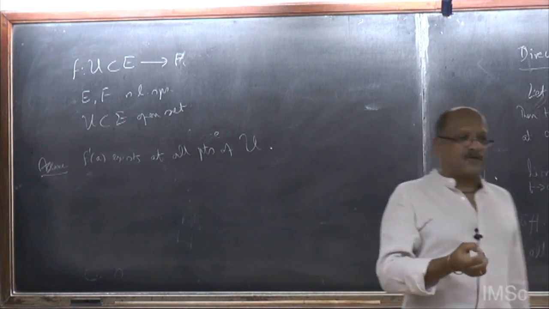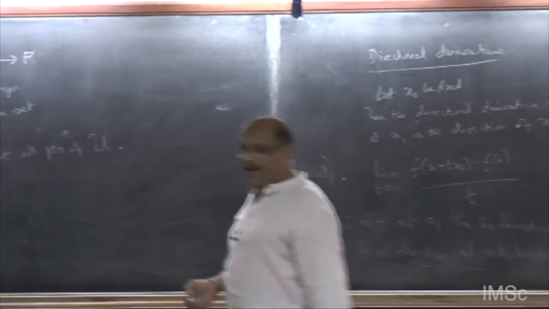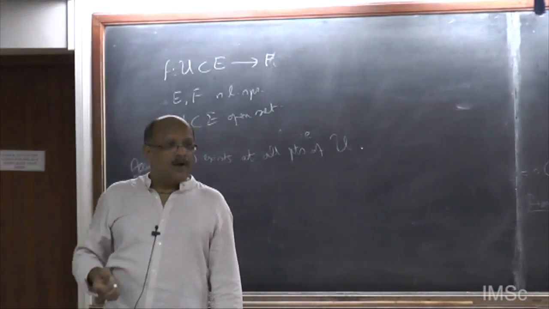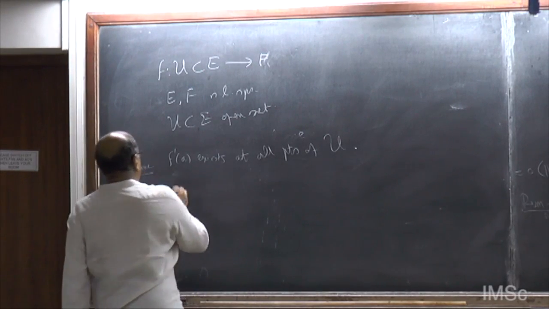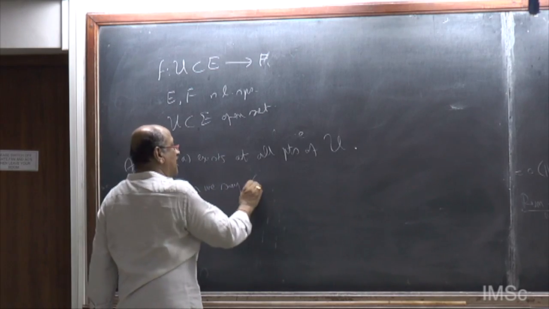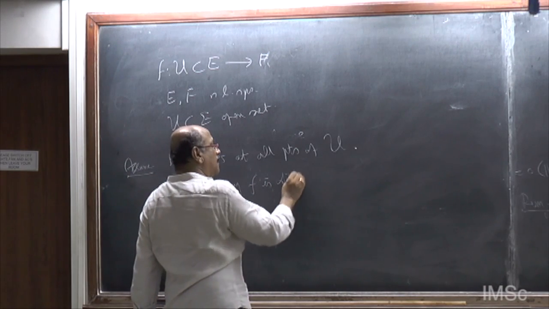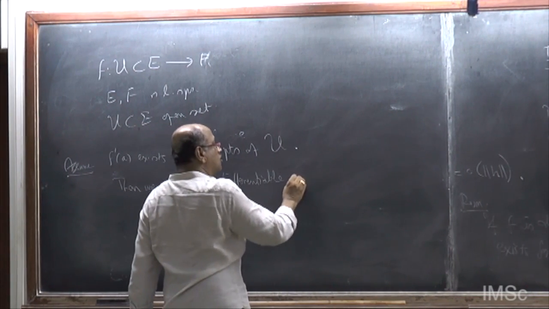Then when you say f is continuous, it means continuous at all points. Same way, differentiable at a point, differentiable at all points, then you say differentiable. Okay. Then we say f is differentiable on U.